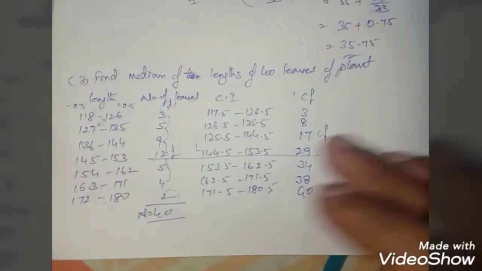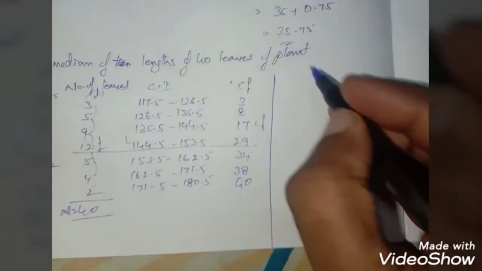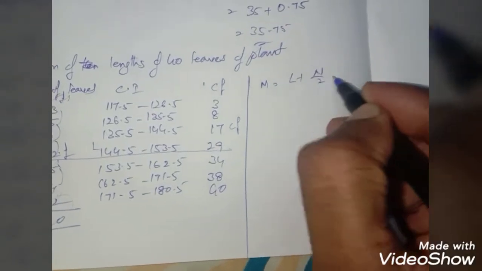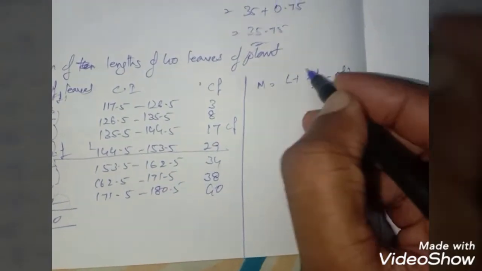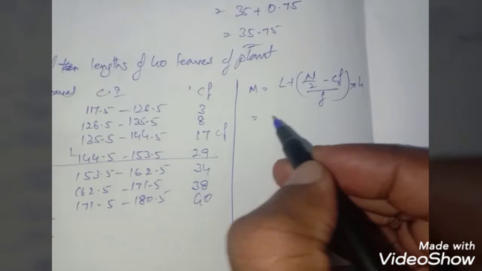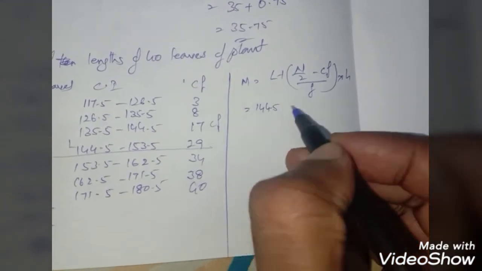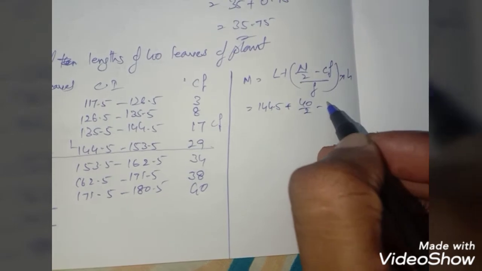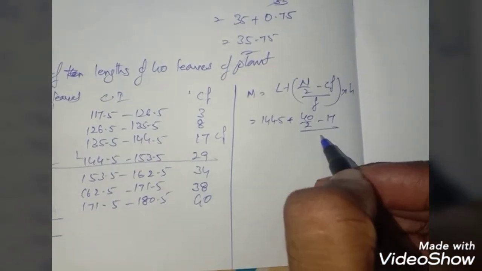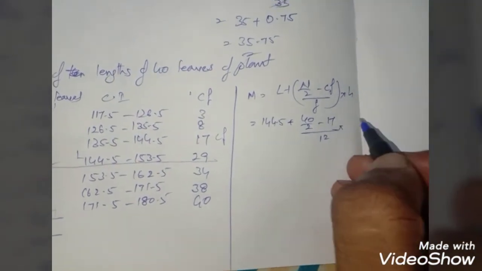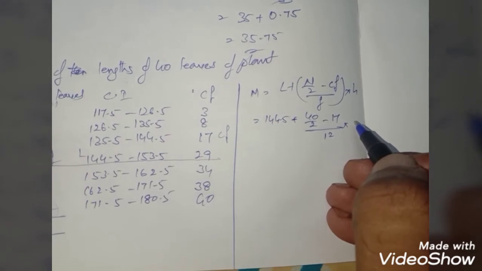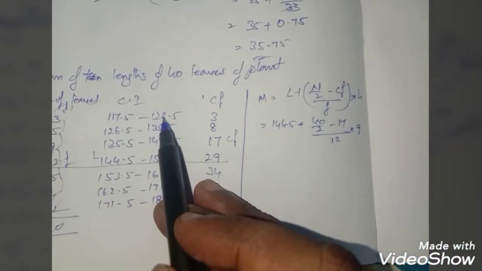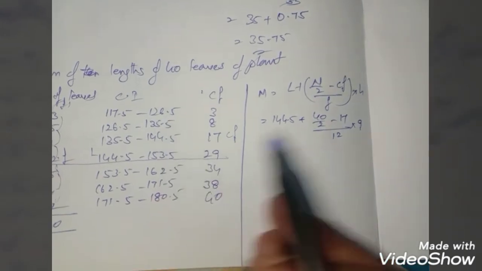Now after getting all these values, substitute in your formula. The formula is median is equal to L plus n by 2 minus CF by F into H. Now L is 144.5 plus n is 40 divided by 2 minus CF is 17 divided by F is 12 into the difference between these two values, which is 9. Now 135 and 126, the difference is 9.